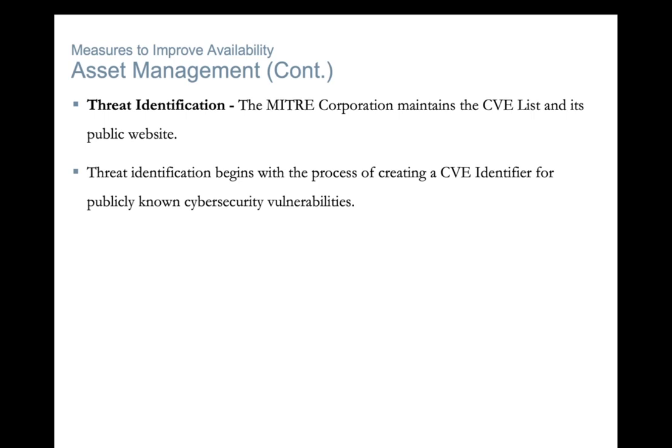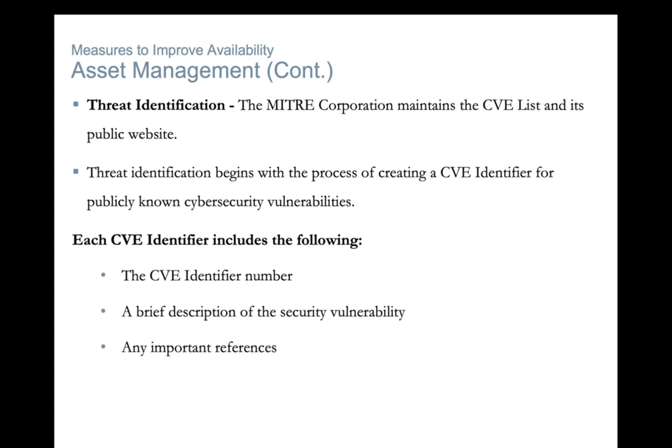Each CVE entry includes the CVE identifier number and a brief description of that security vulnerability, whether it is related to the operating system or to network services, that means the network ports. You might have heard about the SSH port, Telnet port, FTP port, AnyDesk port, or remote desktop ports.